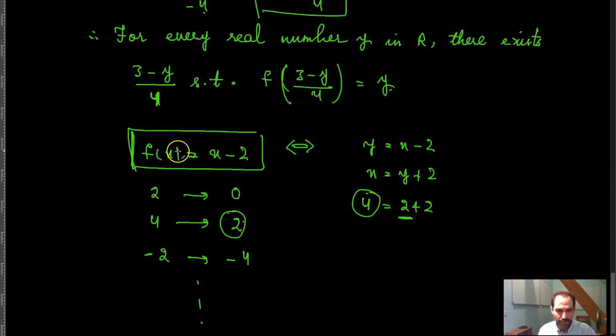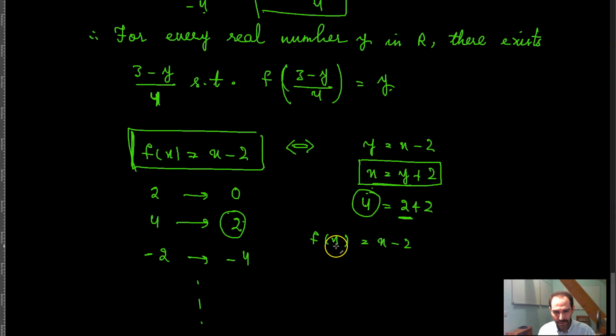And moreover, you can see that over here, since we are saying that f of x is equal to x minus 2, since I'm saying here that y is equal to x minus 2, then over here I can say that x is equal to y plus 2, as we saw over here.